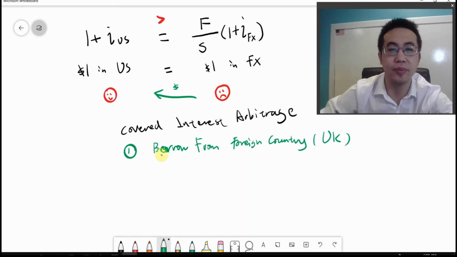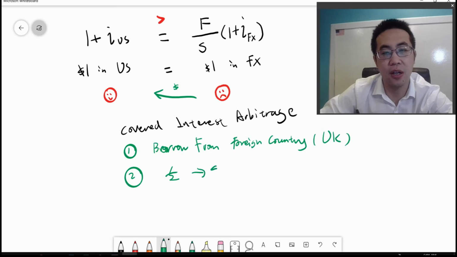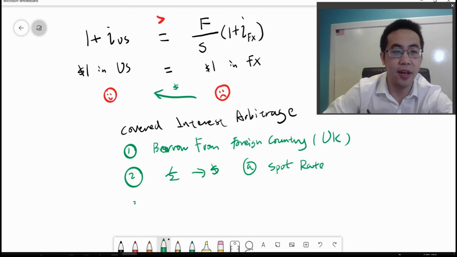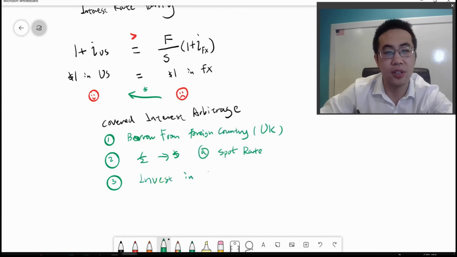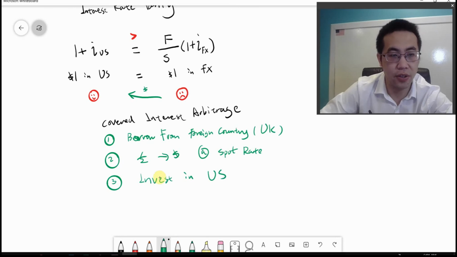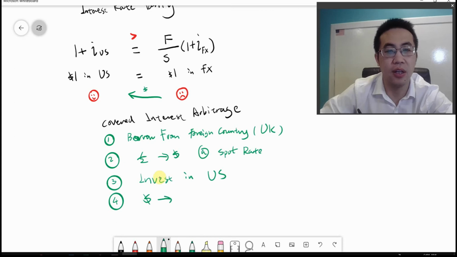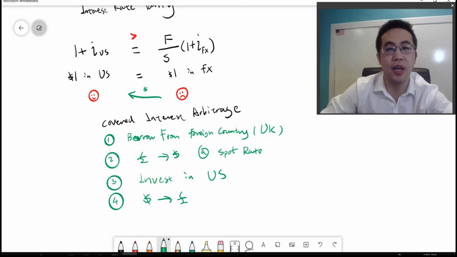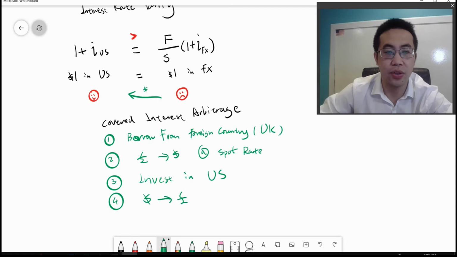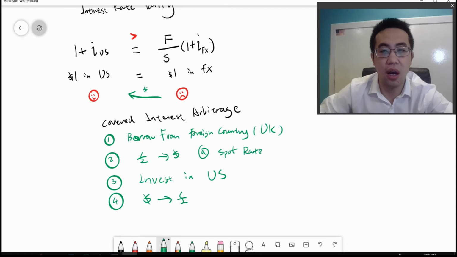Then they will convert the British pound into US dollars at the current spot rate, and then they will invest in the US, and eventually the money will flow back to the UK. So they will convert the dollar principal and interest back to British pounds, and then the money goes back to their home country. In this whole arbitrage, there are 4 markets they are dealing with.